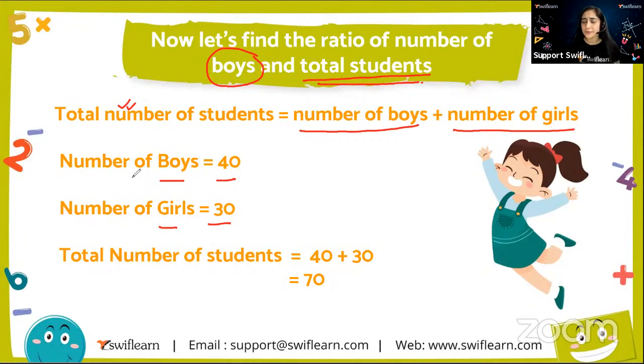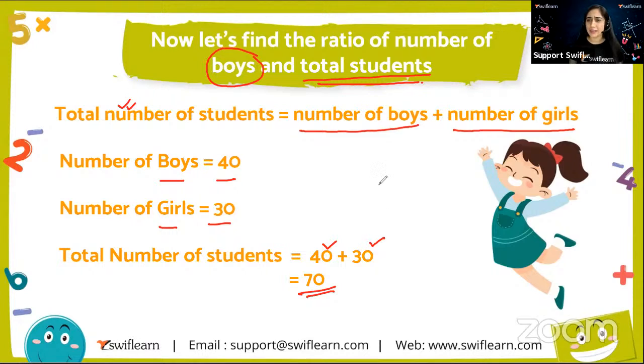Simple as that. So by adding 40 plus 30, what do I get? 40 plus 30 is 70. So now I know the number of boys. I know the total number of students. So now can I write the ratio? Yes, pretty much. It's very easy now.